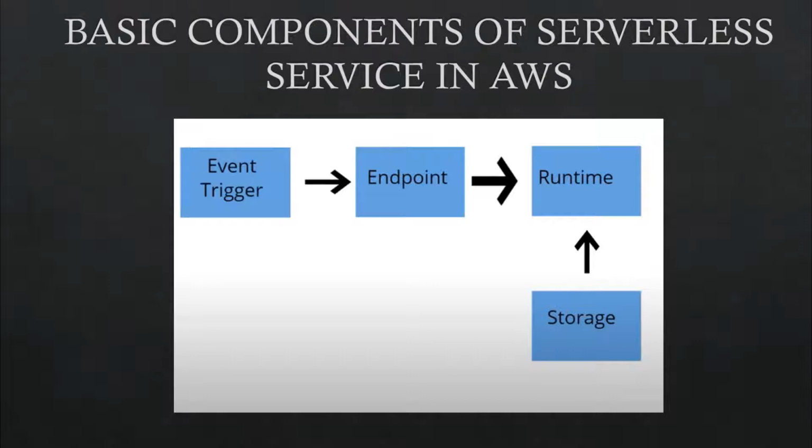Runtime is where our code runs. The runtime then takes the code from the storage and executes the request, performing the operation and sending the response back through the endpoint. Once this process is finished, the serverless runtime is discarded. This process is short-lived, especially the part with the runtime.